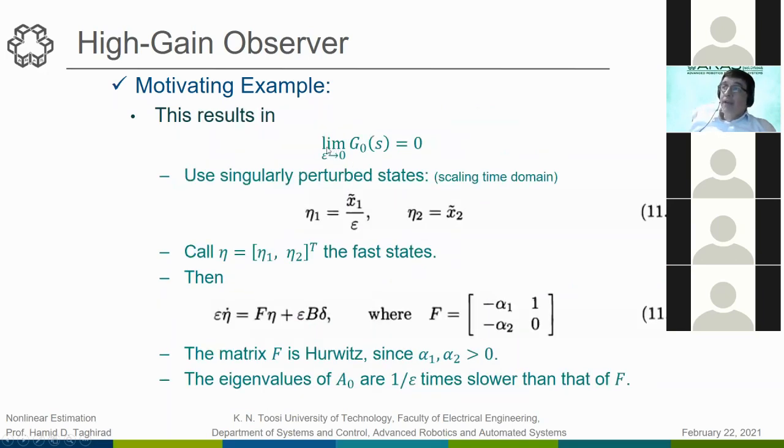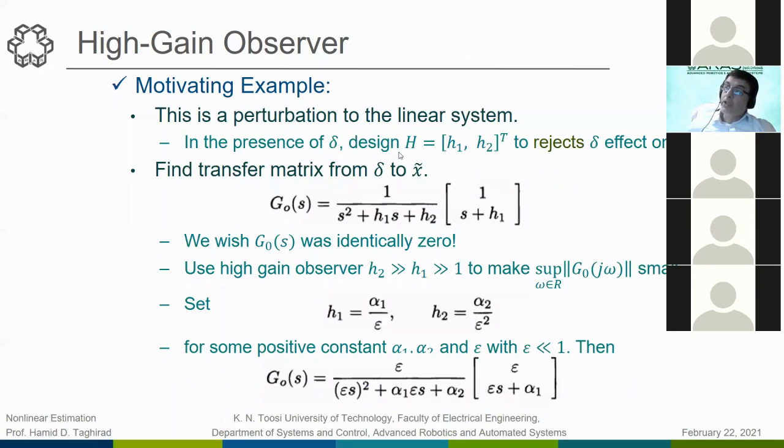And we can say the limit of G0 is equal to 0 as epsilon goes to 0. So if we decrease epsilon or increase the gain, we are basically shrinking the effect that this delta will impose on X.